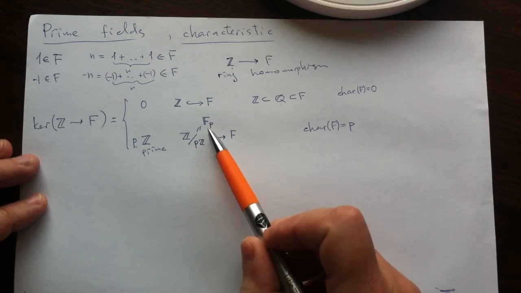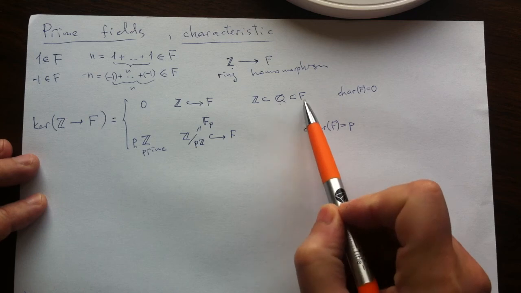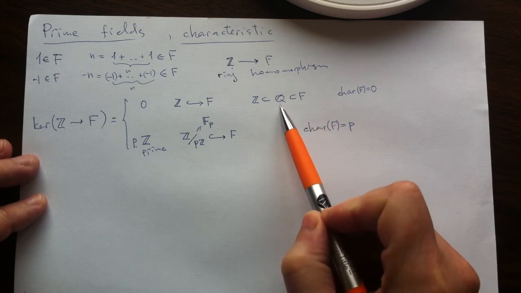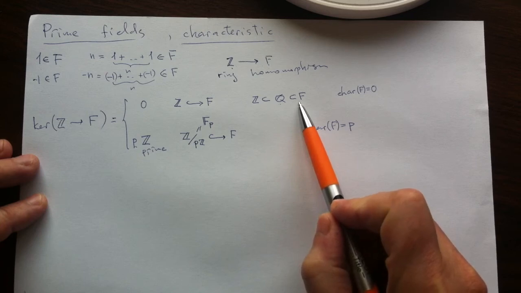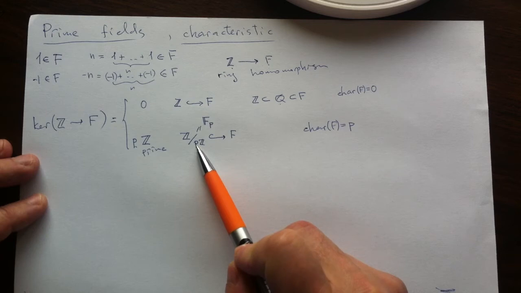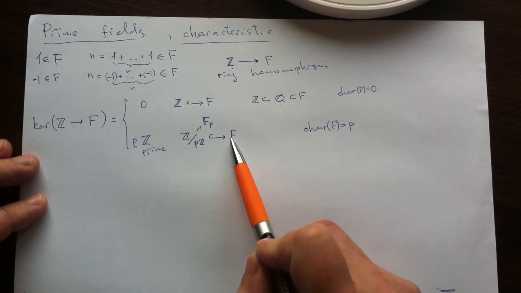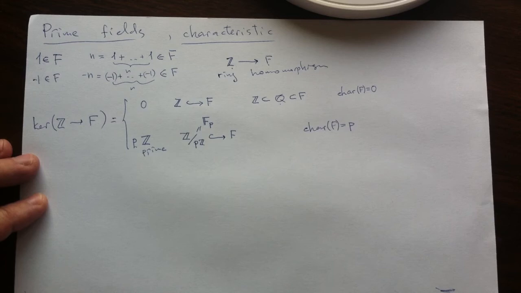So let's look at it again. In the first case, the subfield in our field F generated by 1 additively and multiplicatively is the field of rational numbers. That is the case of characteristic 0. In the second case, the subfield generated by element 1 is the field of P elements, and that is the case of finite characteristic.